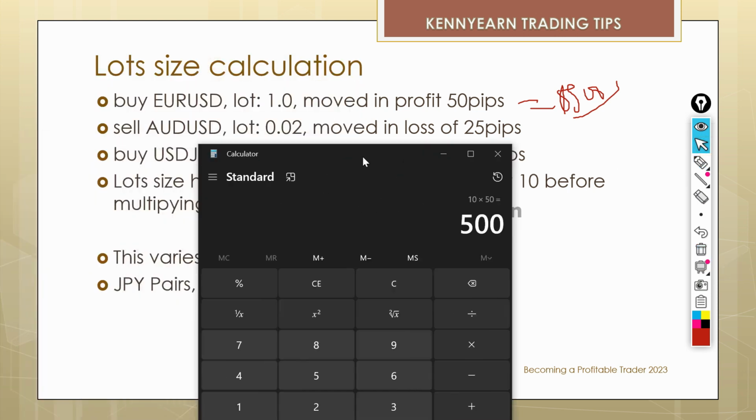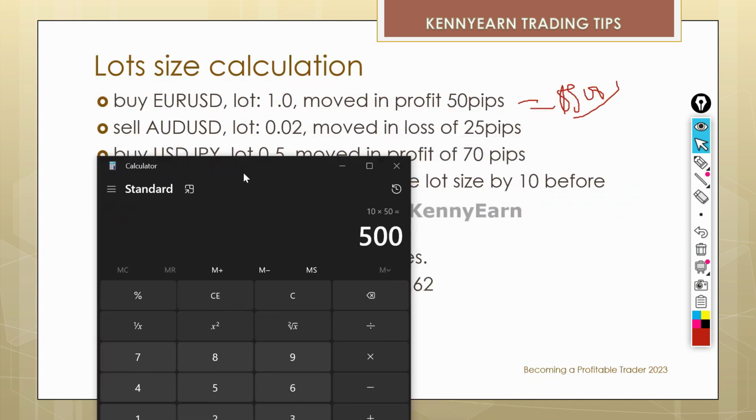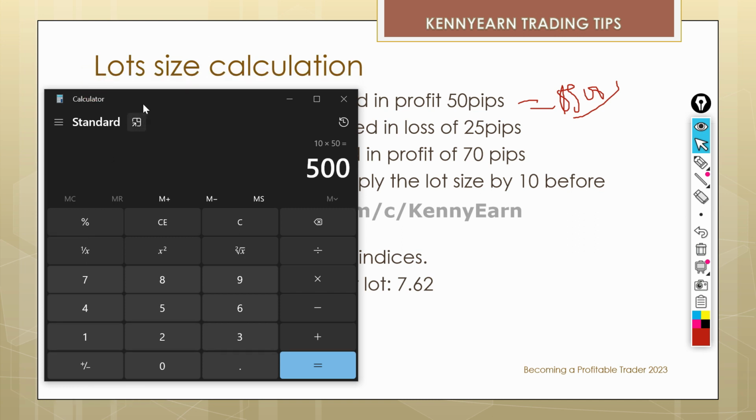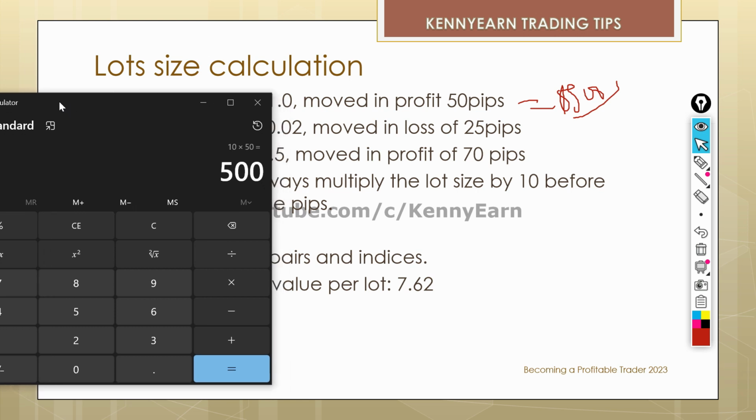If I sell EURJPY with 0.02 lots, what does that mean? If the market moved in loss of 25 pips, if 25 pips was my stop loss, let me calculate how much I lose.